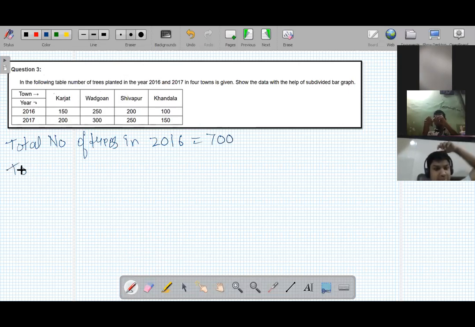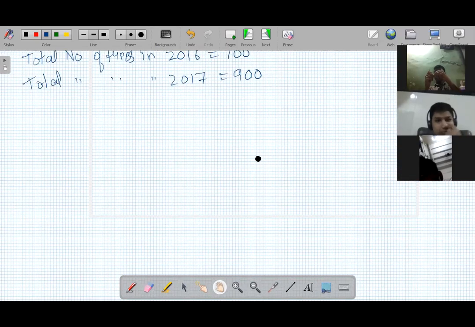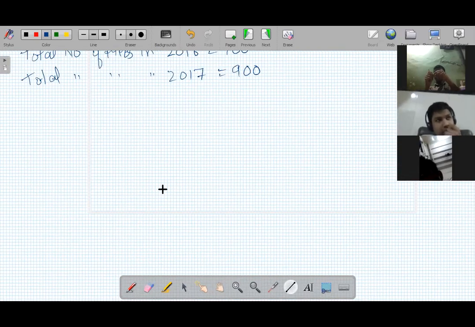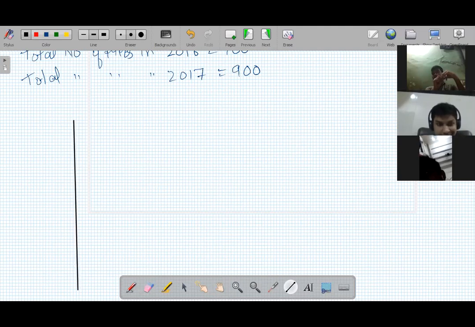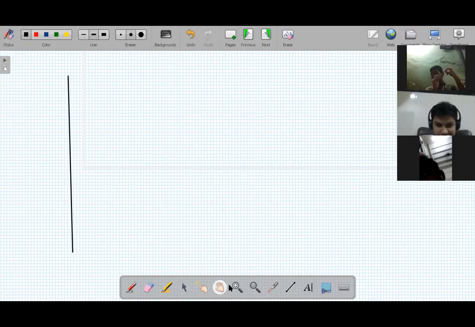And then you find total number of trees in 2017, that is 900. Okay, now we will start drawing the bar. Do the x-axis and y-axis first.